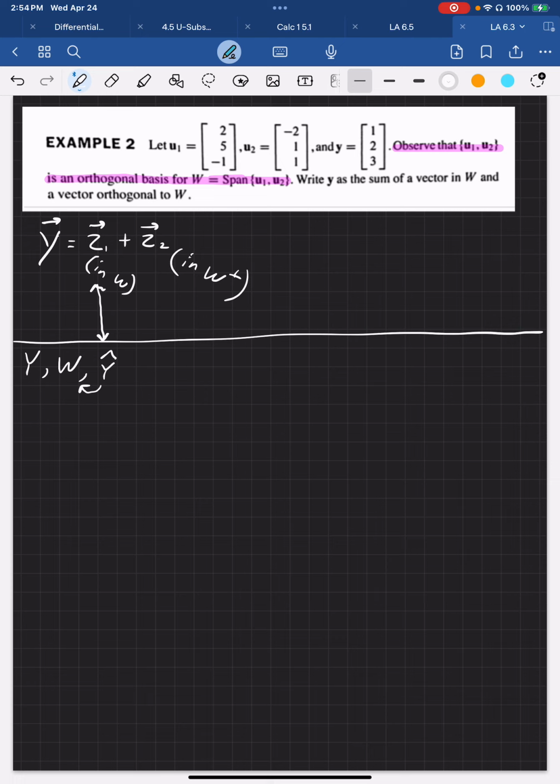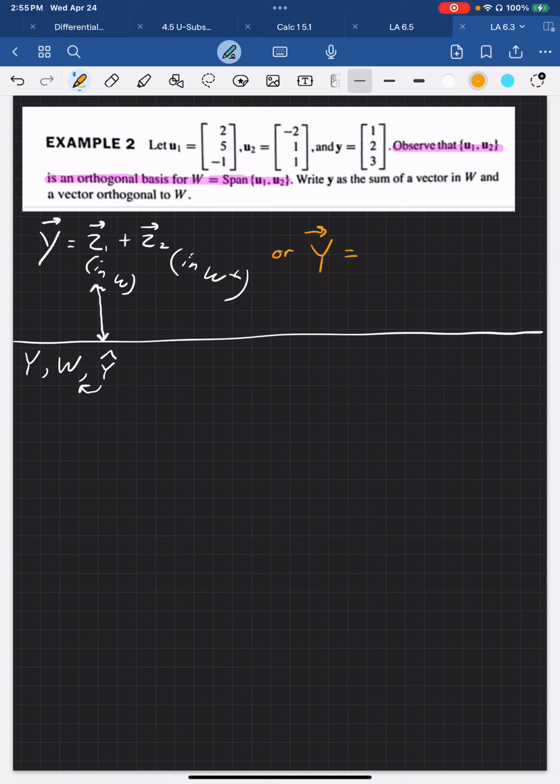Don't let me lose you. Z1 must be in subspace W. And then what we also said is y hat is a vector in subspace W. So they're the same definition, different notation. So if that's the case, this matches the formula that was on the previous theorem.